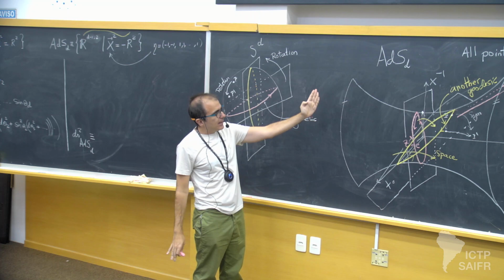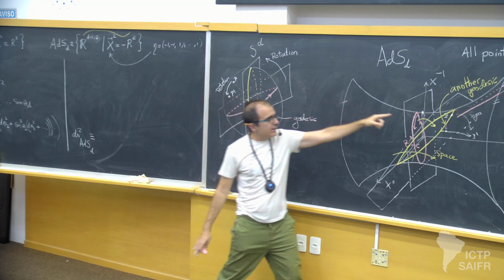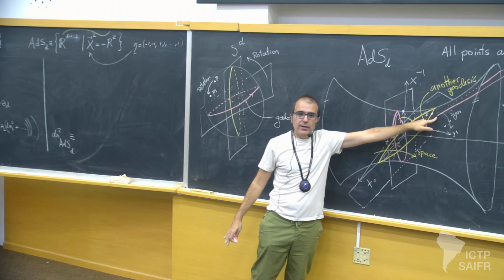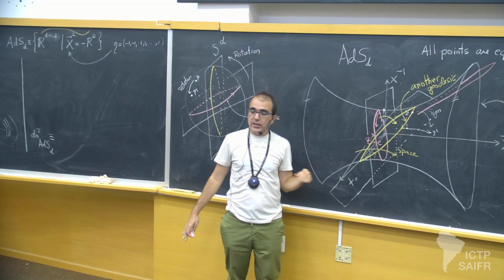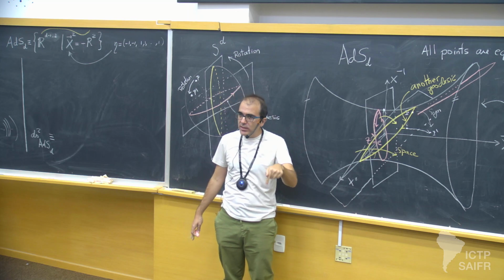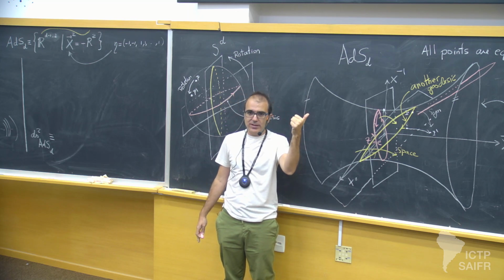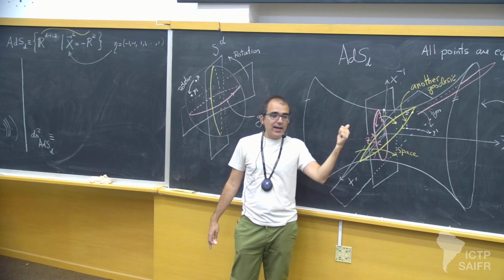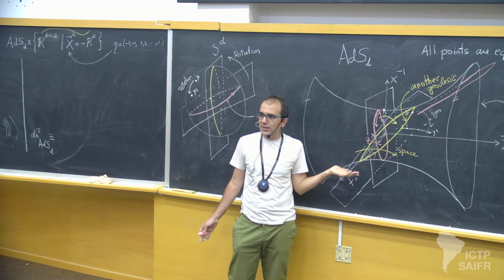And you see that in that limit, where it becomes longer and longer, you get a straight line, a null line. And the null line is a geodesic both in AdS and also in the embedding, because it's a straight line. The other ones are not. This circle is not a geodesic in the embedding.